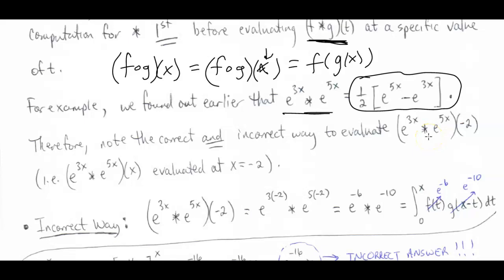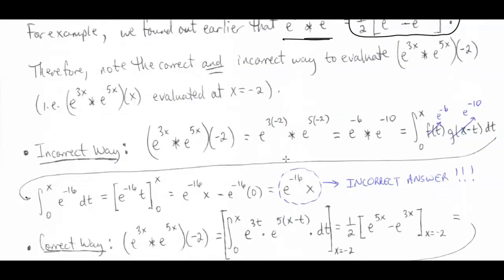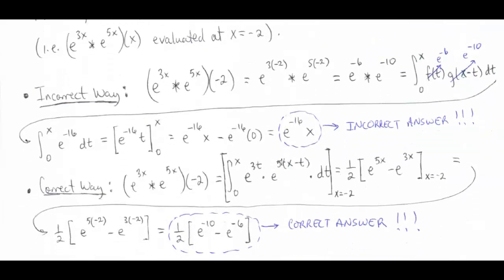So I want to show you what the incorrect way looks like versus the correct way, so that you'll know the difference. The incorrect way just says that we're going to blindly plug in -2 into here and here before we even start convolving.